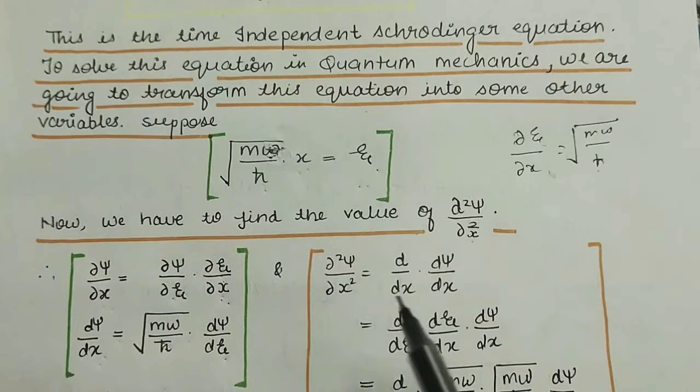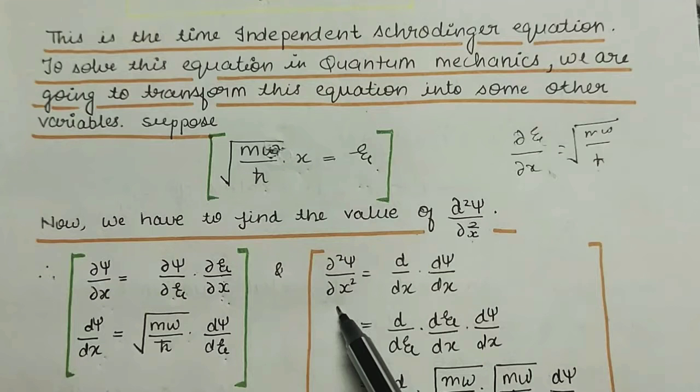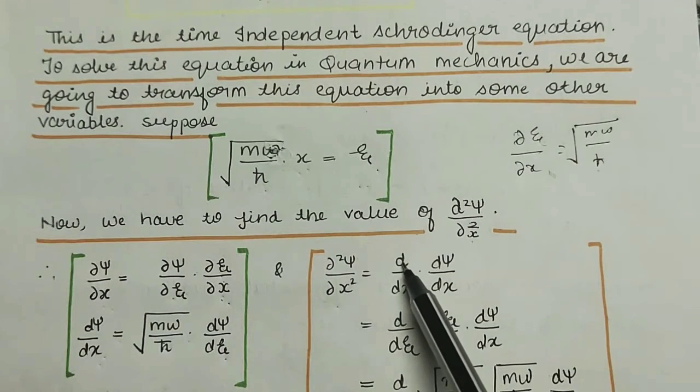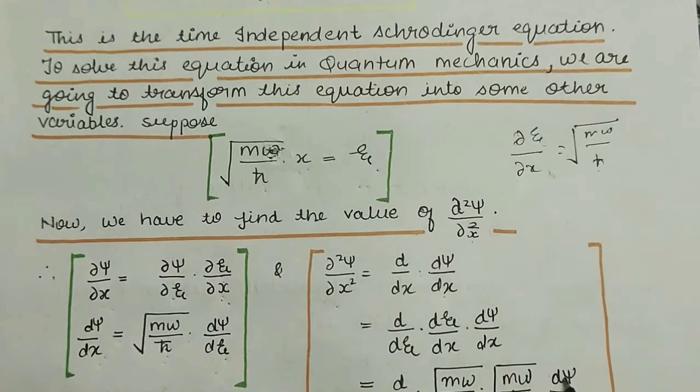Now for the second derivative of the wave function, del 2 psi upon del x squared, I can write that as del by del x dot del psi by del x. Now the value of del psi by del x is this, square root of m omega upon h cross times del psi by del xi, and this del by del x.